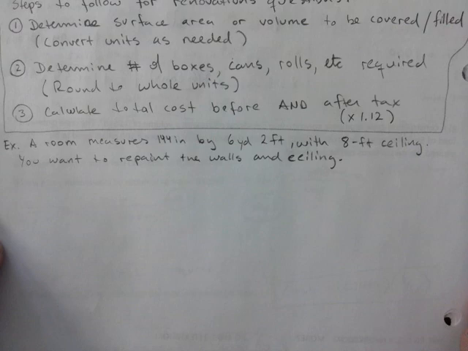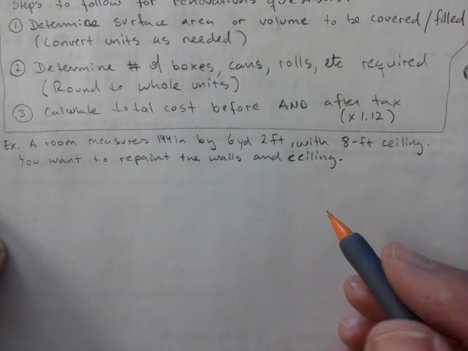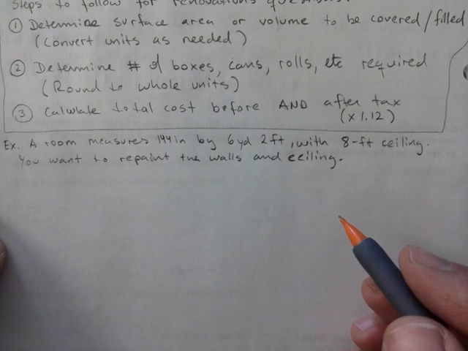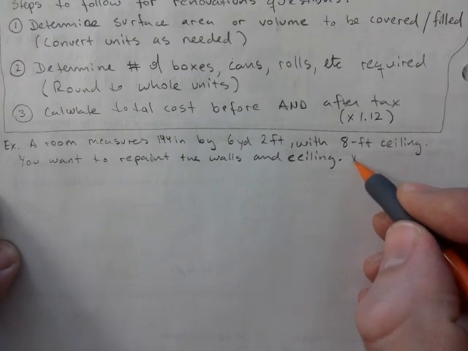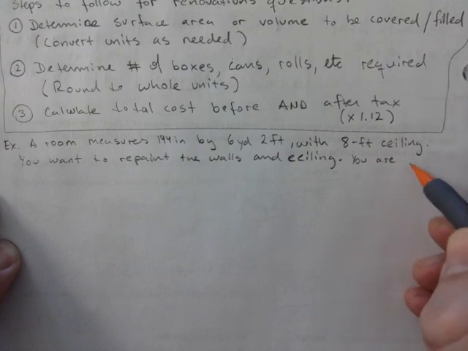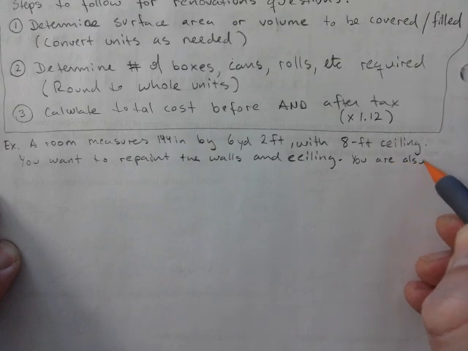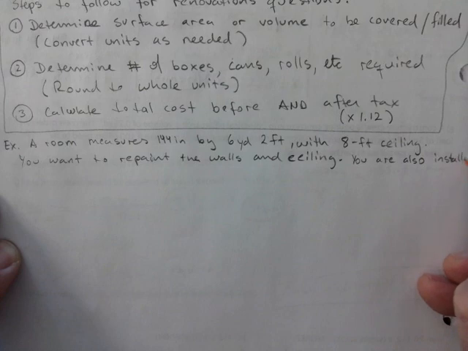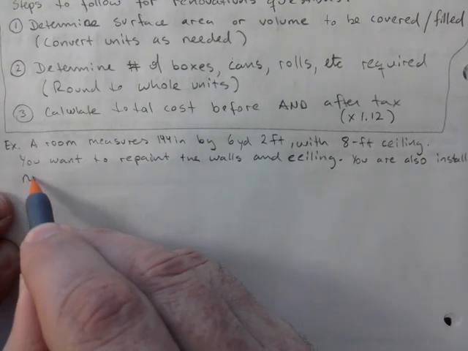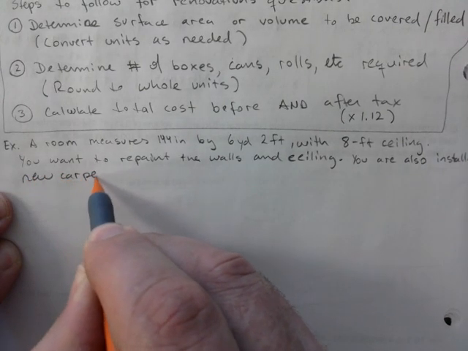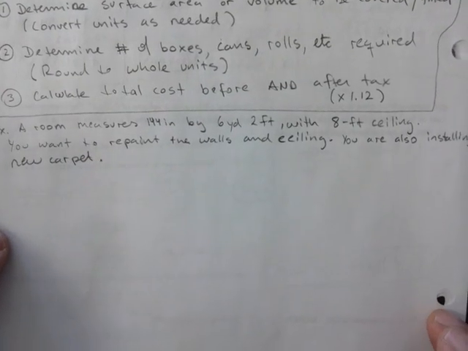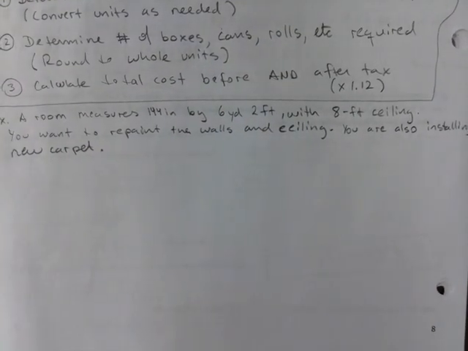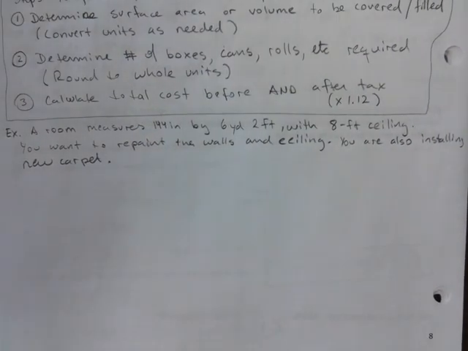So you want to repaint the walls and the ceiling. You're also installing new carpet. A bit small, right? I apologize for that. I hope you can still get the gist of it.